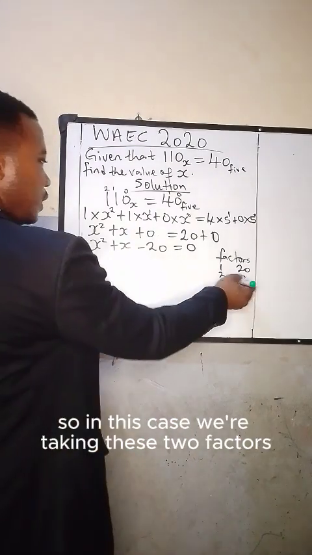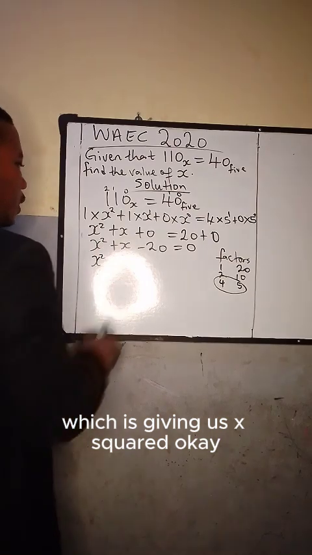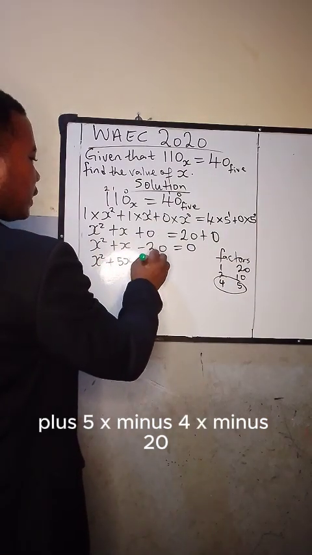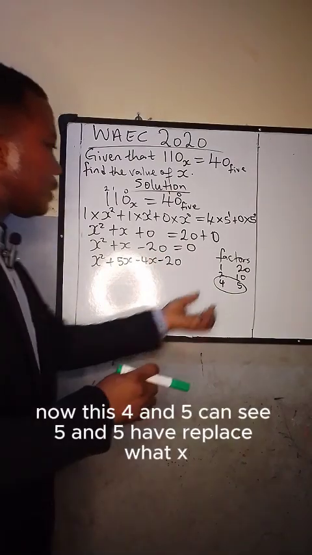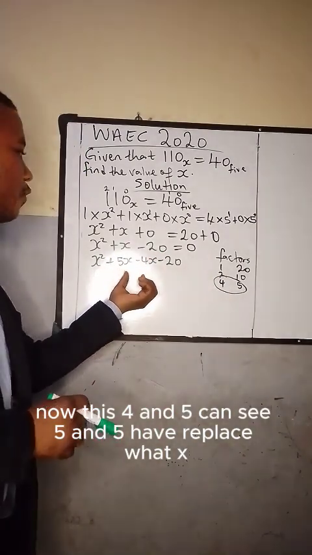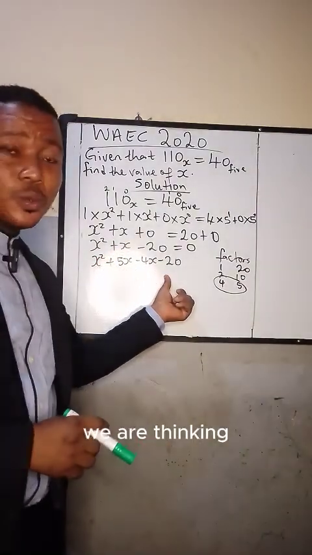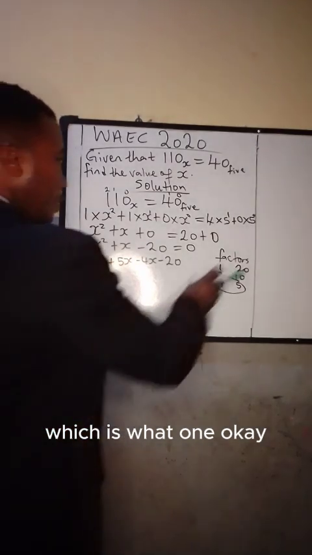So in this case, we're taking these two factors, which is giving us x squared plus 5x minus 4x minus 20. Now you can see 4 and 5 have replaced the coefficient of x. By the time we say 5x minus 4x, we are still getting the coefficient of x, which is 1.